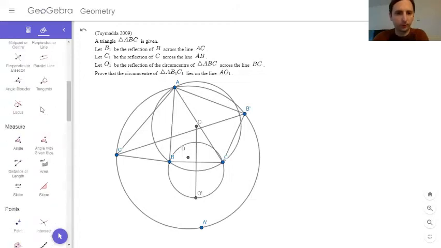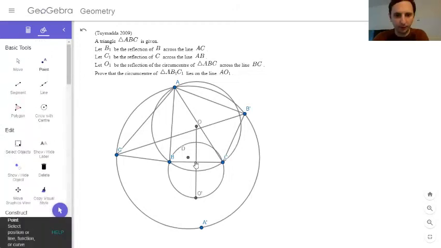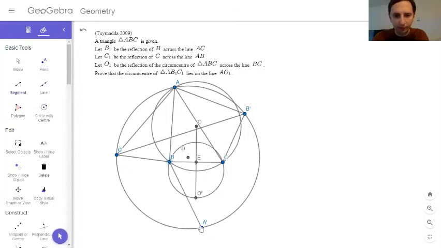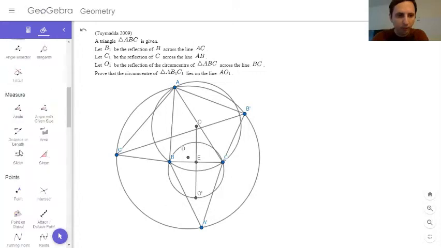So yeah, we take the midpoint of BC, and then let's see, is that an angle chase? So I kind of want to draw.